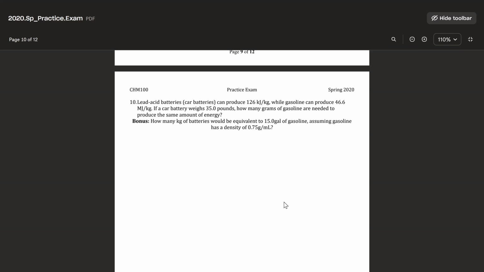Odds are your wild card question, your word problem you're going to have to solve on the fly is going to have something to do with energy. And it won't be a super tricky mathematical algebra problem. It'll be something that if you can think on your feet and think in conversions, you should be able to do that. Something involving densities, maybe something involving the amount of sunlight that hits the earth, or I'm not actually giving anything away there. I'm making something up off the top of my head. It'll be something related to energy though, probably.